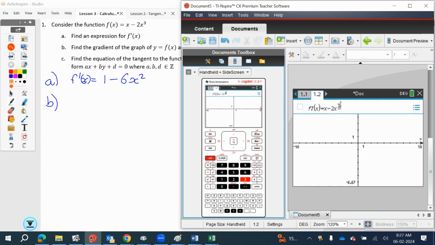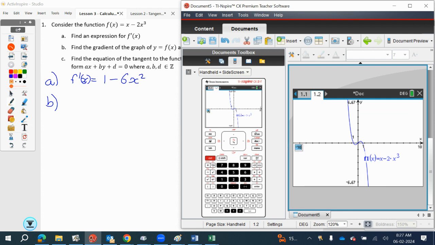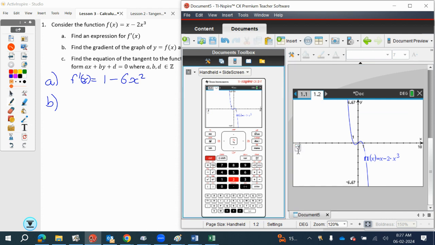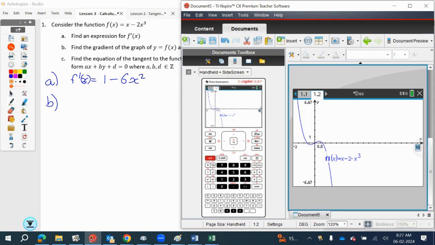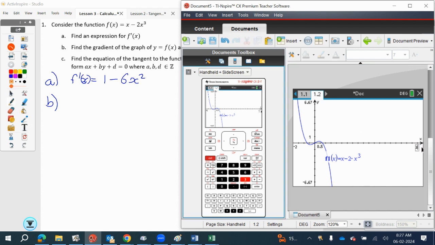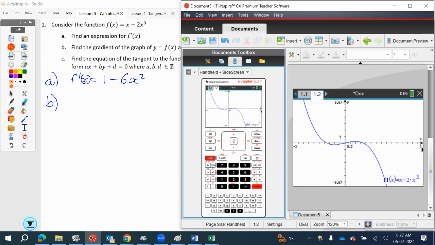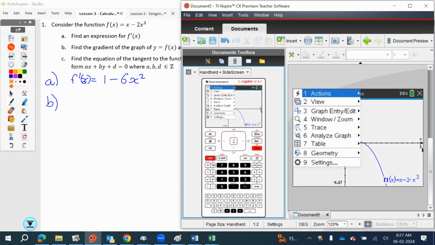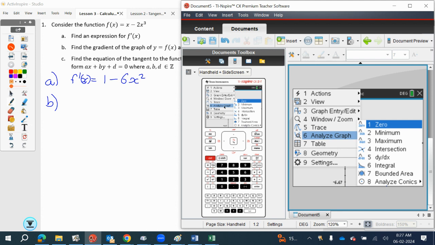We're doing all of this around the value 1.5. So I'm just going to zoom in here a little bit, make this -2, make this 3. Here on the graph, we can find very quickly the derivative at the point that we want.